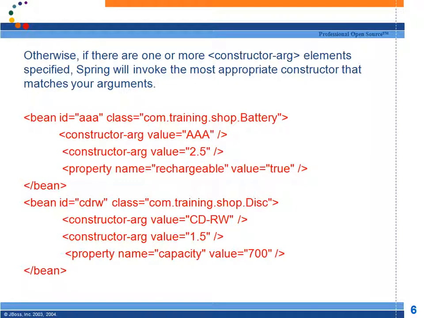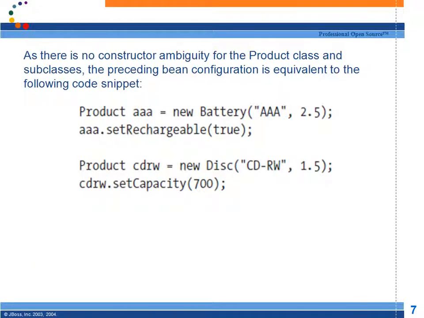But if there is a constructor having two parameters, it will be called for Battery, and then setRechargeable is called. Similarly the constructor with two parameters for Disk is called, then setCapacity is called, like this, right? This you know already.